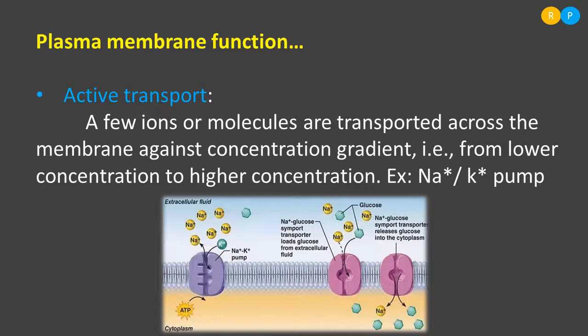Some easily cross the membrane through the lipid bilayer. Depending on the concentration gradient, different transports are utilized for the movement of molecules across the membrane. Understood? Yes, this is about the functions of the plasma membrane.